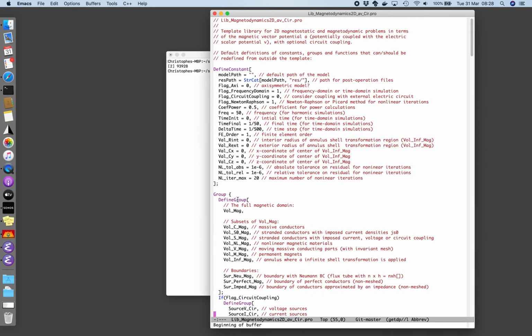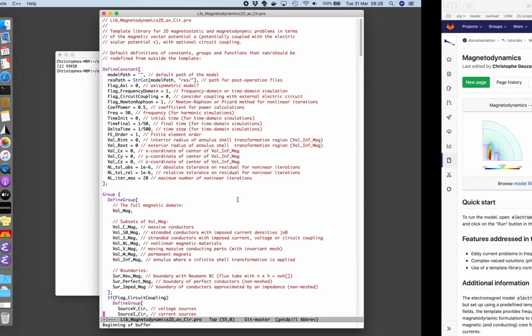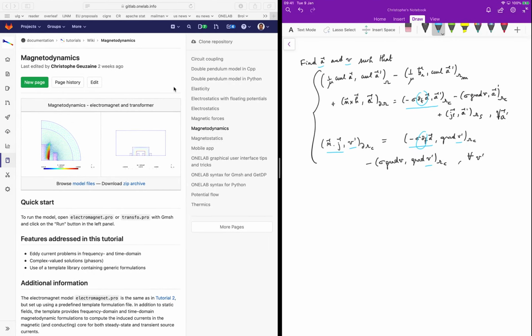Okay, so what is the example that I want to play with first? Well, if we go back to the page for magnetodynamics, this is the first example we looked at last week, because it's the same as the one that we studied for magnetostatics. If you remember, you have an inductor in which we have a current flowing. We have a core. Contrary to magnetostatics, now we want to see the effect of eddy currents.